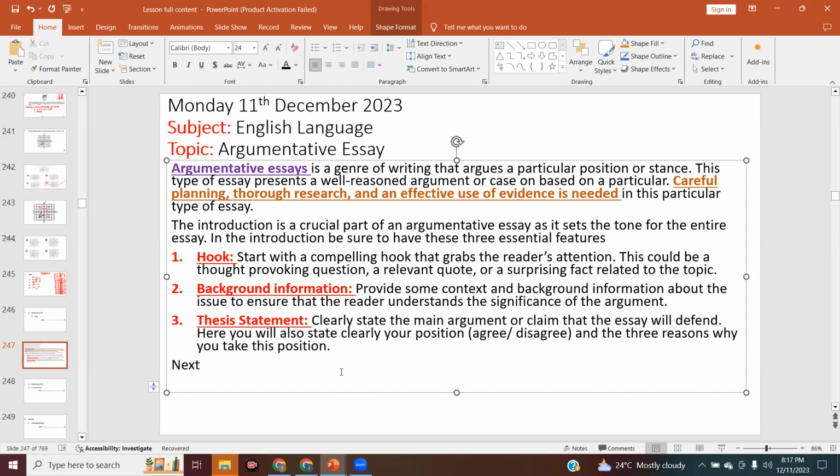Next is the body paragraphs, which are there to basically build the argument. Their purpose is to build the argument.